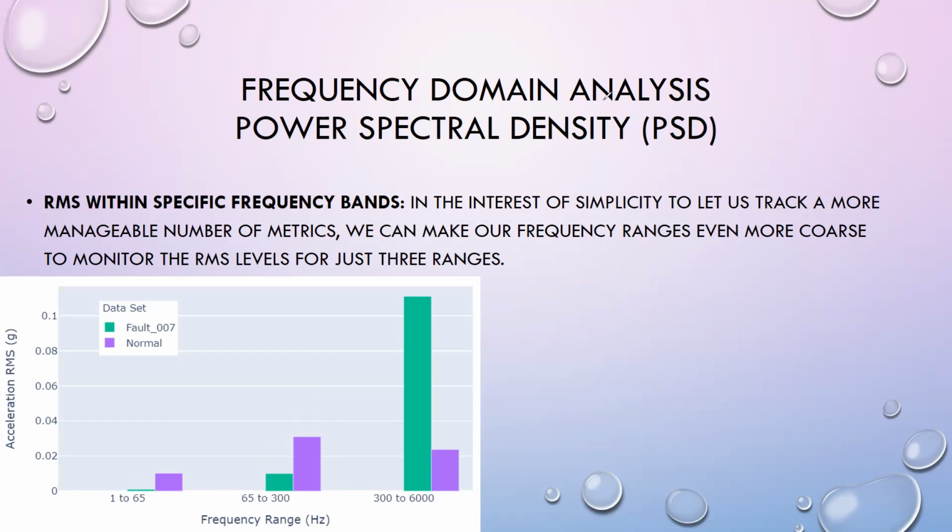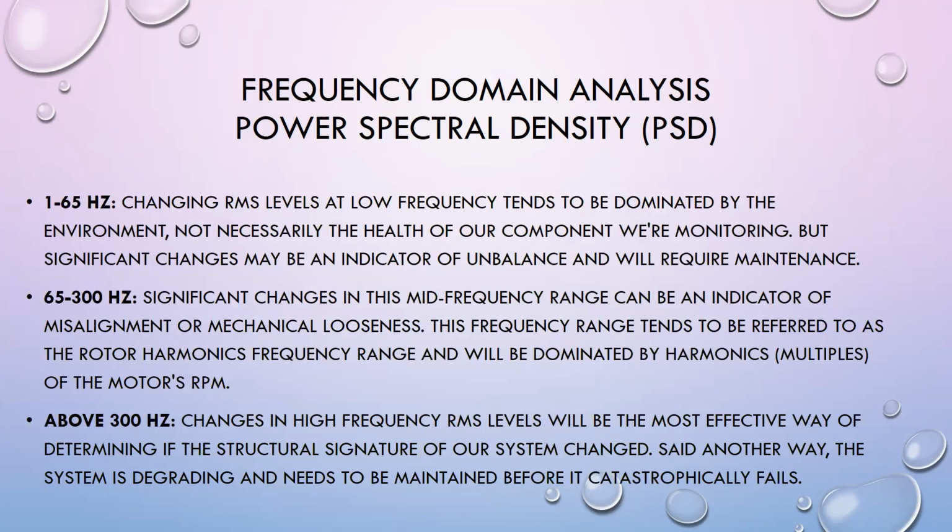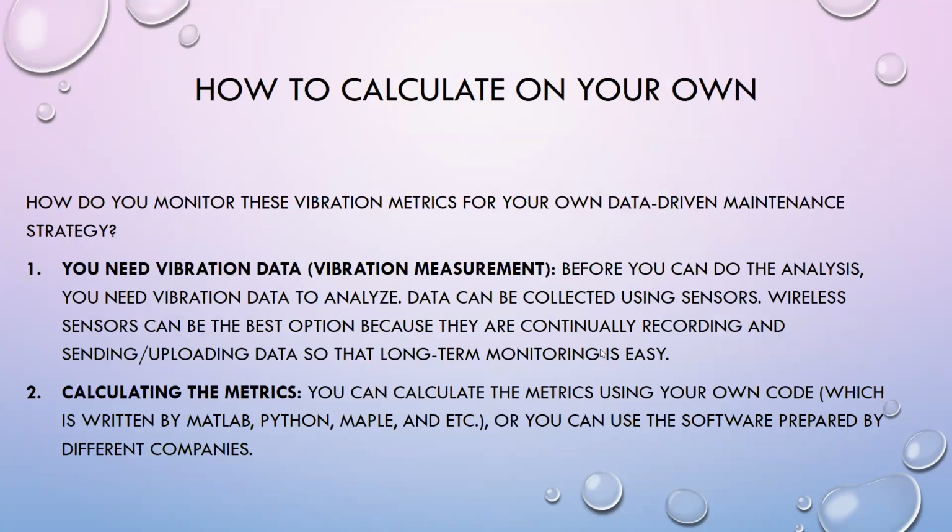If you calculate the RMS in the high frequency, there is a very huge gap between the fault one and the normal one. So in the high frequency, you can easily observe the difference between the different faults and the normal one. So I already explained this.